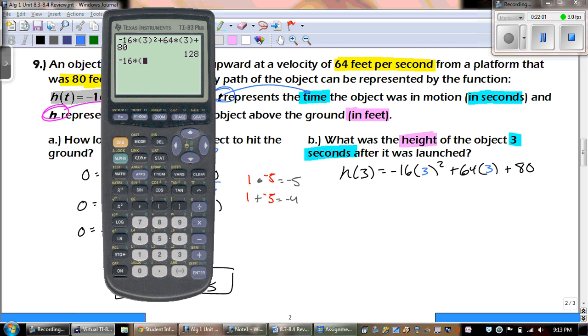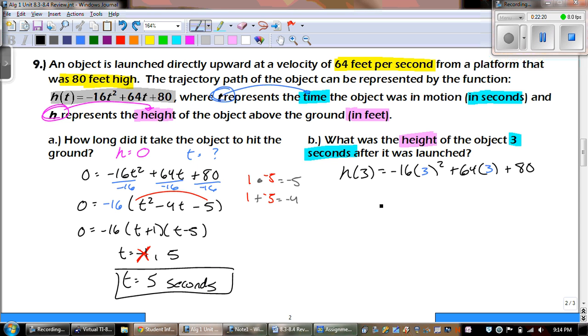Oops, put it inside the parentheses, Mr. Grice. So negative 16 times 3 squared plus 64 times 3 plus 80. And yeah, always got to double check our work. Very important. Okay, so after 3 seconds, the h of 3 equals 128 feet.